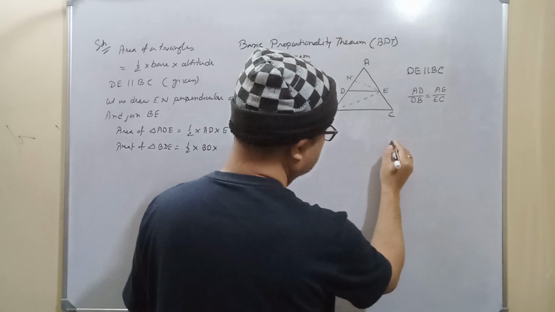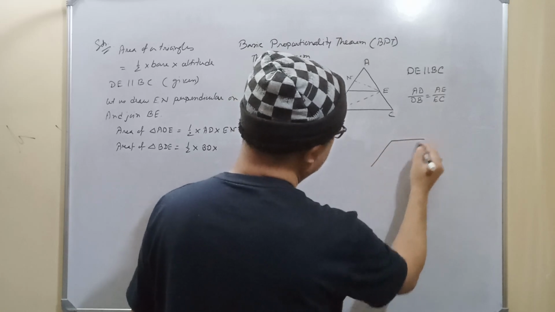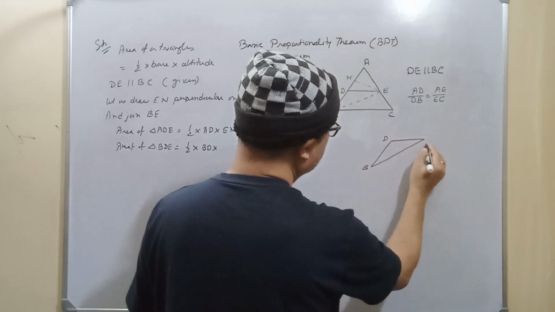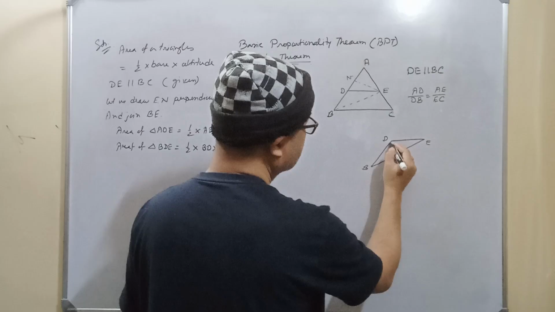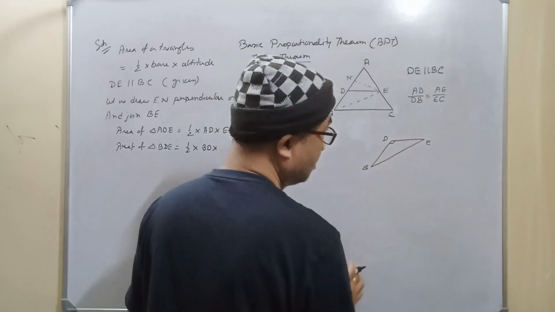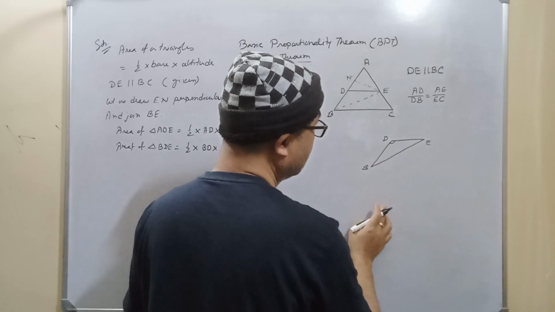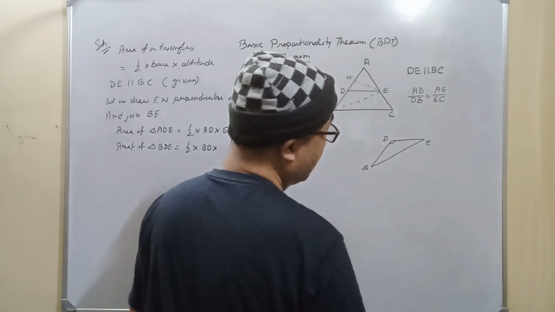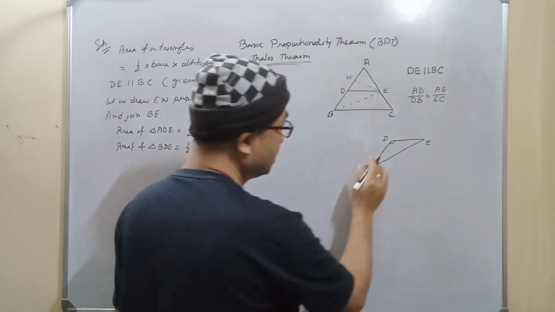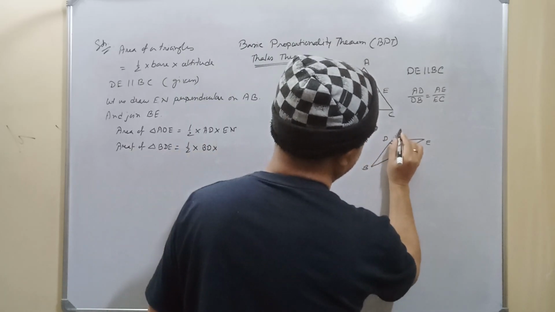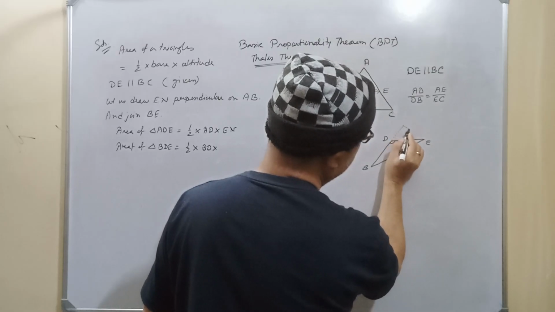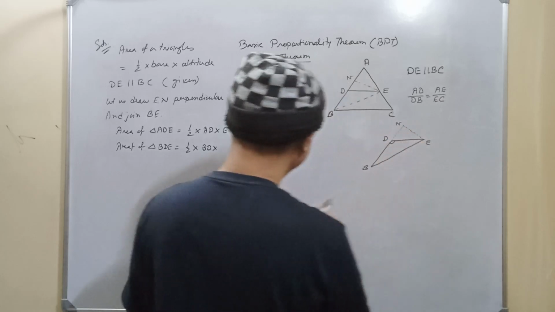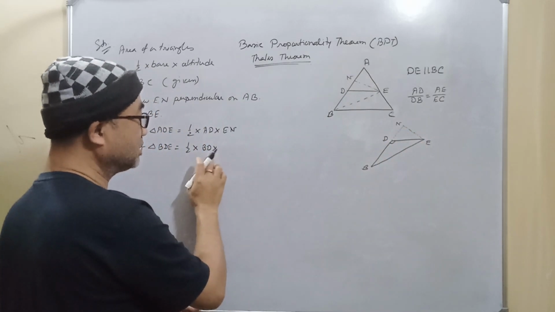Let me explain. This triangle is like this, right? B, D, E. This is an obtuse angle, more than 90 degree but less than 180 degree. So in this obtuse triangle, how do you find the area of the triangle? You extend the base, then draw a perpendicular from the opposite vertex, then multiply half of base and altitude.